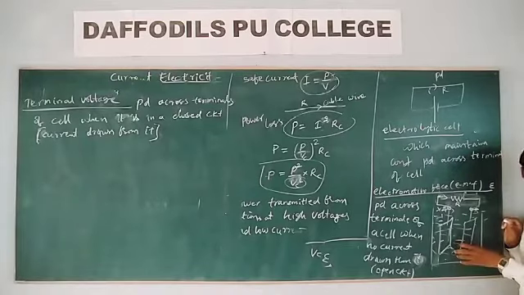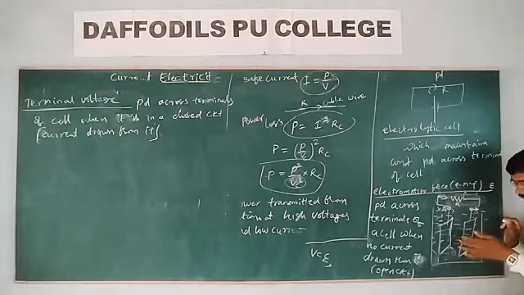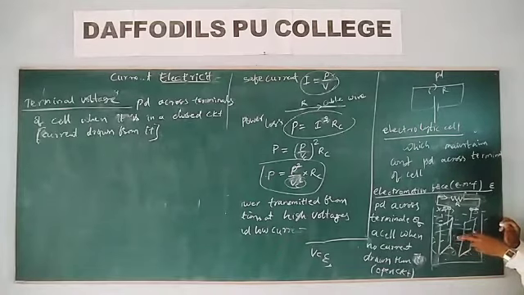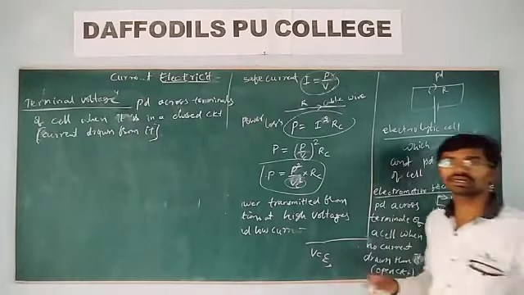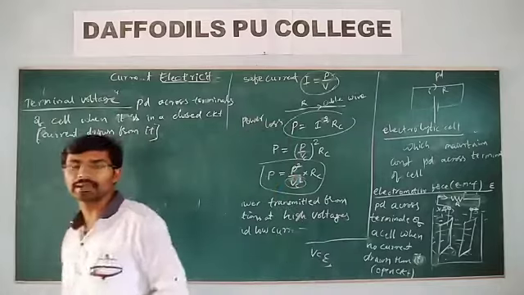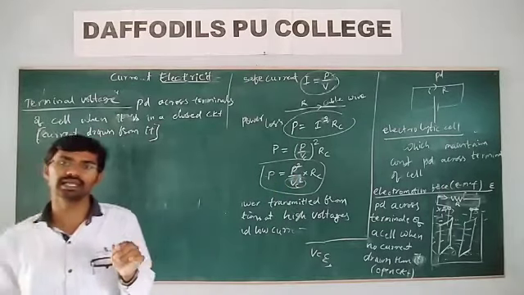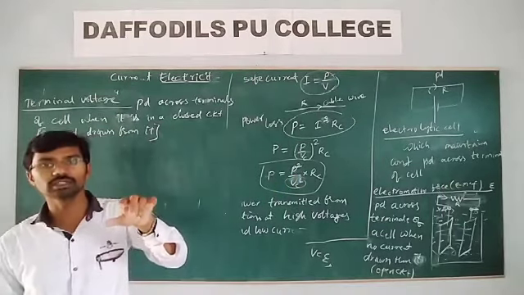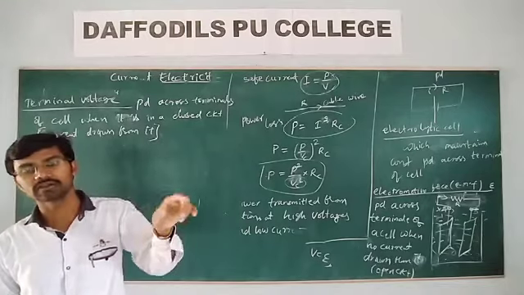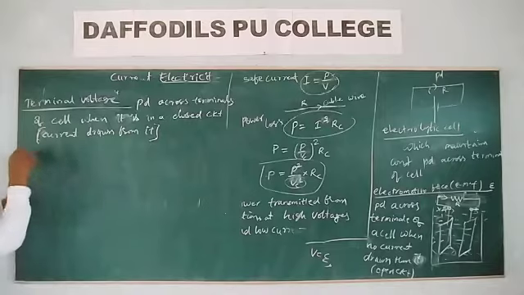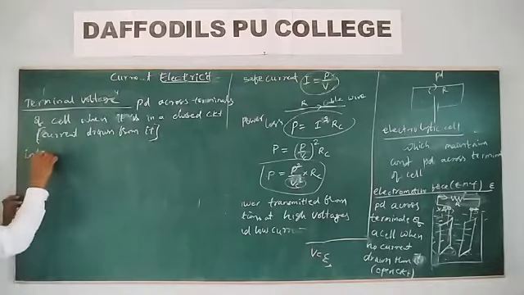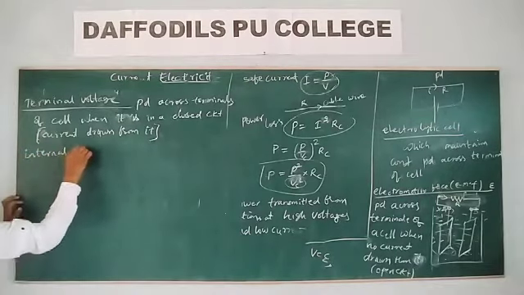The opposition offered by the electrolyte to the flow of charges or ions is called the internal resistance of the cell.